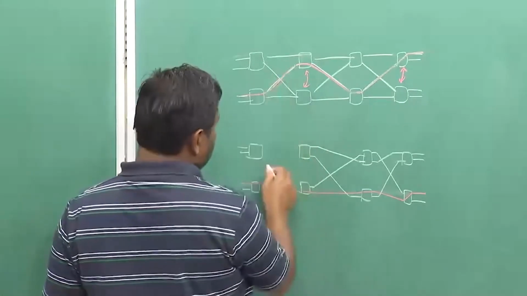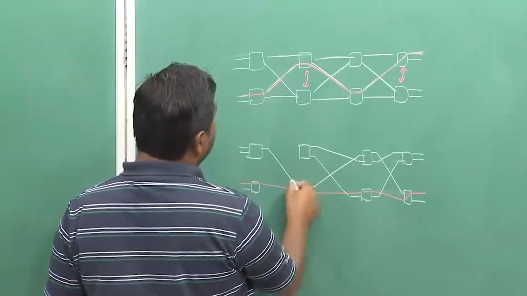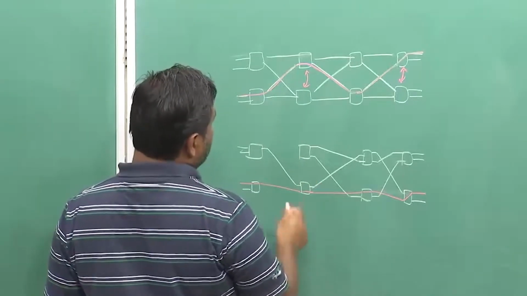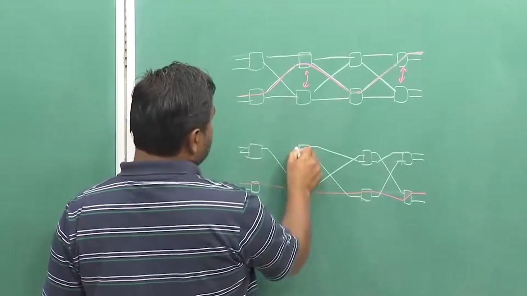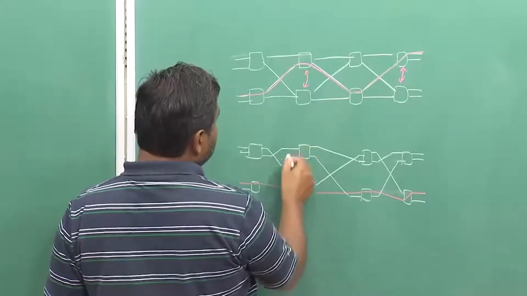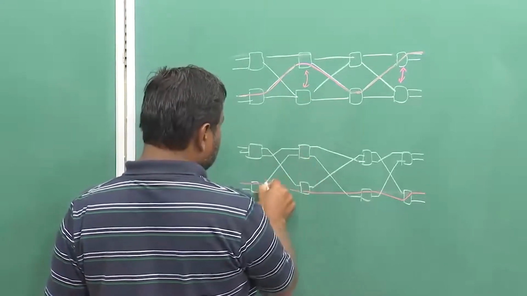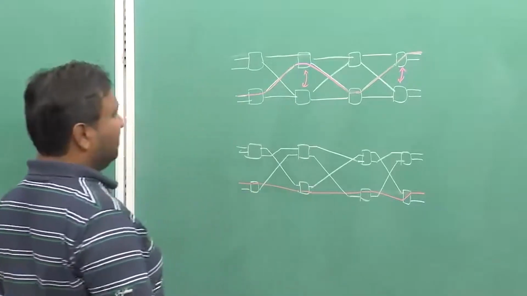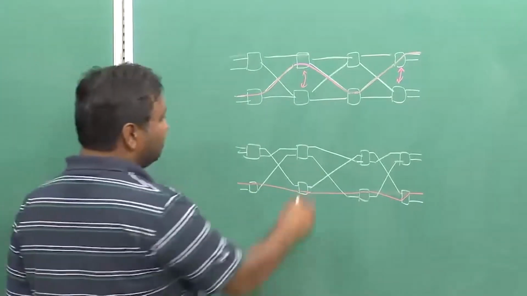So, bottom is taken care of, this one top part goes to the bottom part goes to the bottom here. So, you are able to transition from here to here.